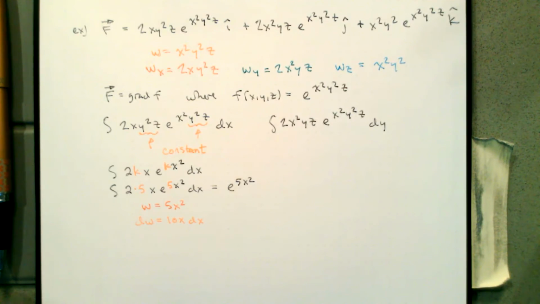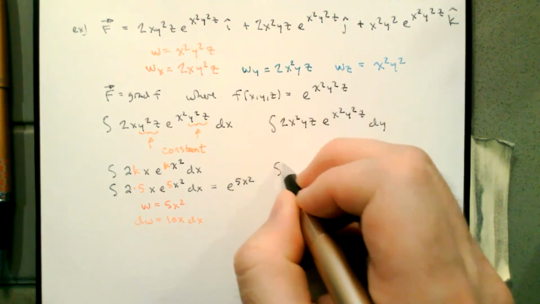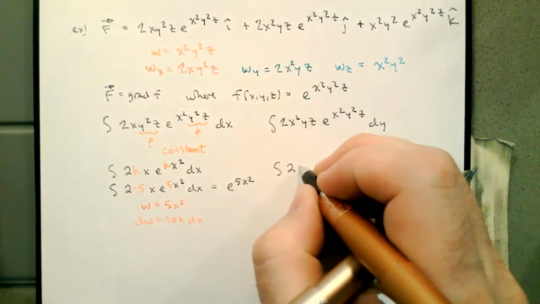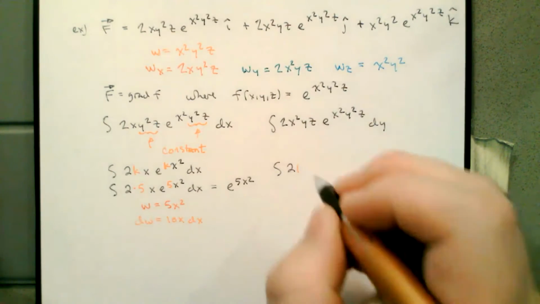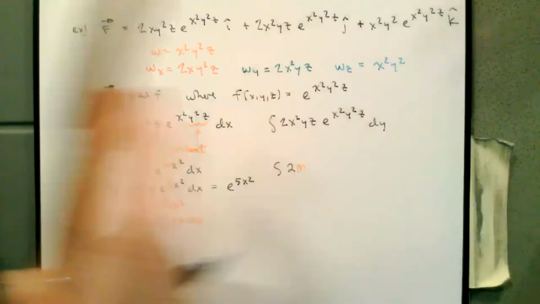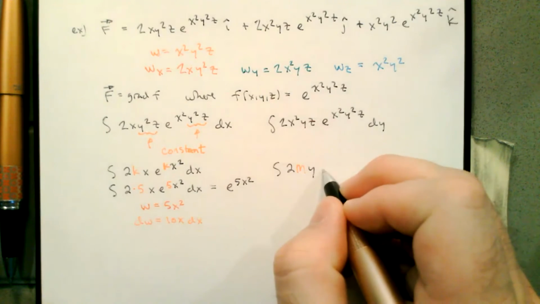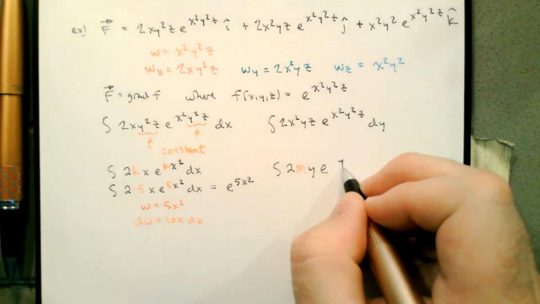And then we can make the same observation. X squared z is all constant. And so this integral really just looks like the integral of 2 times some constant. Oh, I shouldn't use k. 2 times some constant times y e to the constant times y squared.